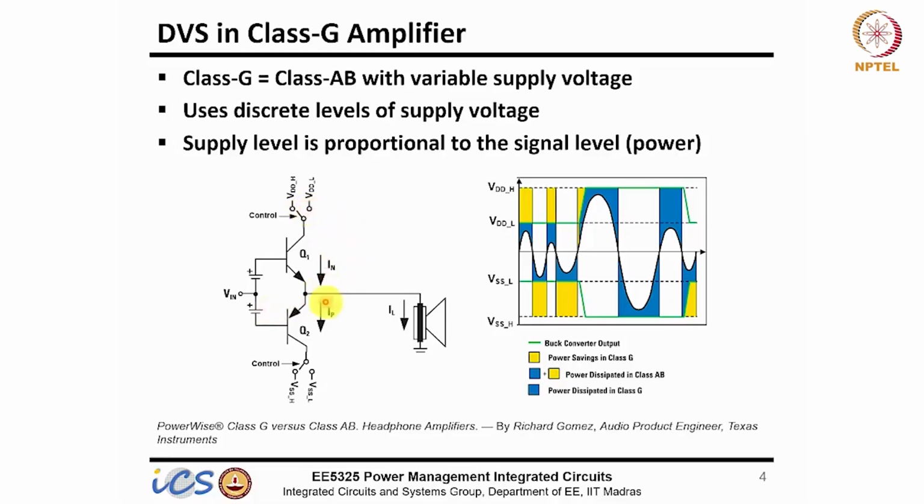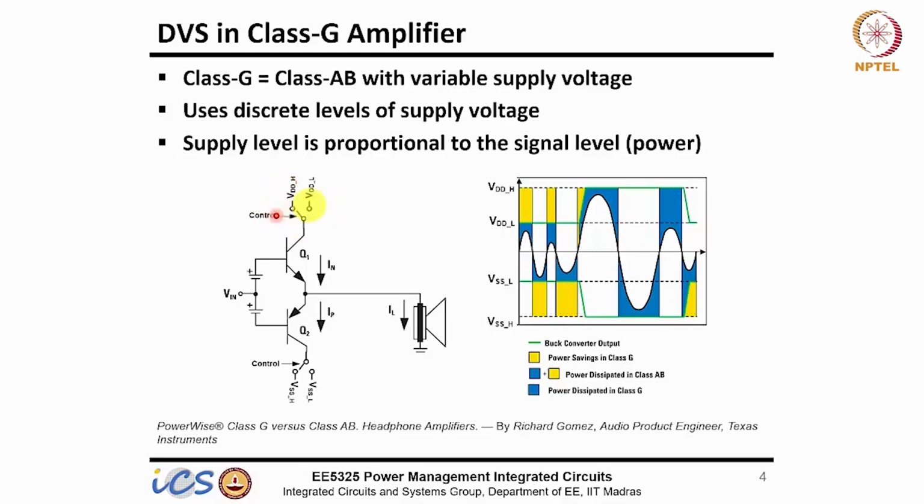You need some dropout across this, the collector to emitter voltage of this bipolar. Let's say that is 100 millivolt, which means this should be at least 1.1 volt in order to achieve 1 volt at the output. Now you reduce the volume, and the output required is, let's say, below 500 millivolt, which means I can keep this at 600 millivolt.